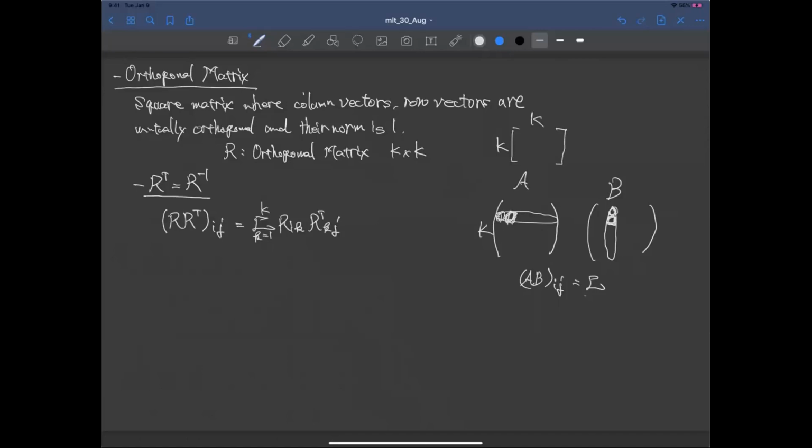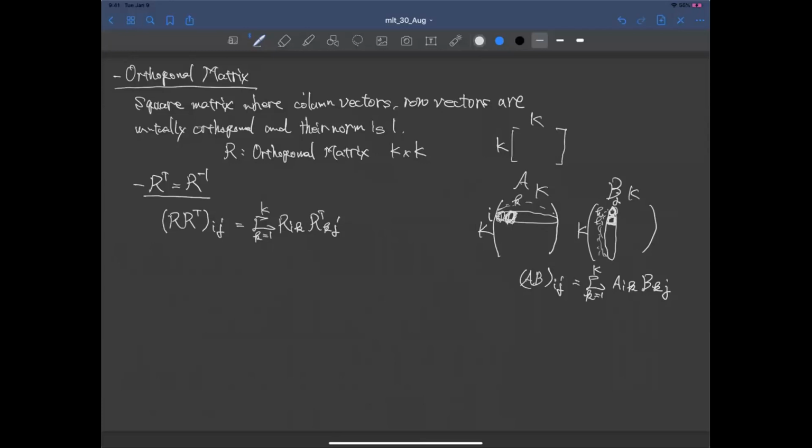So if these are k by k matrices, we can write the ik element, then this is k. Let's say this is j, then these elements are k1, k2, like that.